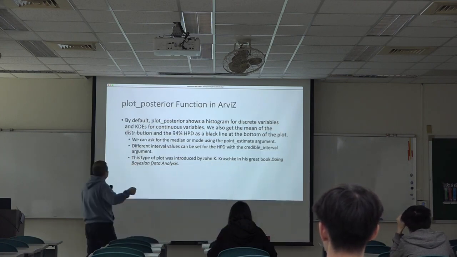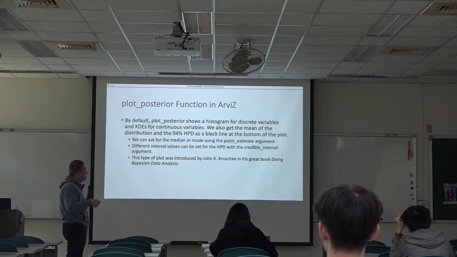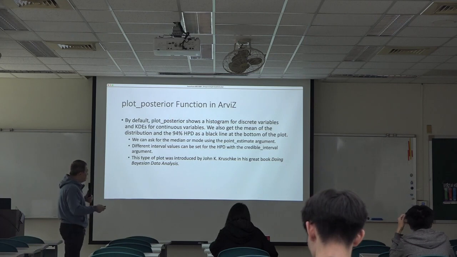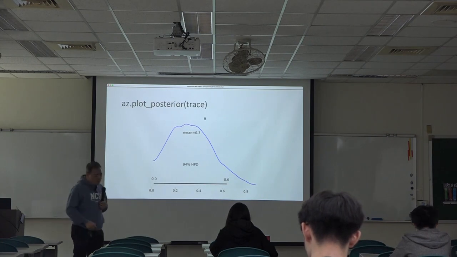By default, plot posterior will show a histogram for discrete values and the KDE for continuous variables. So you can just draw this posterior distribution by using this function, based on the two chains that you generated.